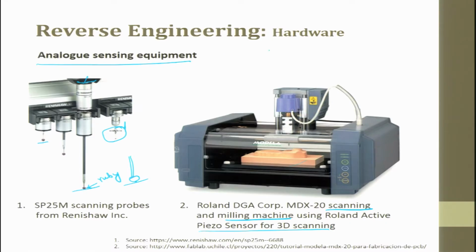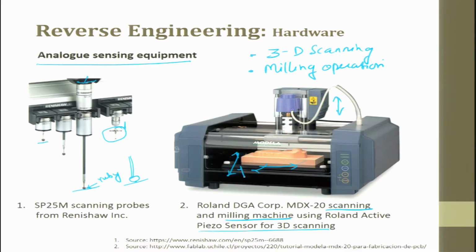So, you can use a 3D scanning device, and the moment you scan something, the same workpiece can also be put under another spindle, and you can do a milling operation. So, either you can move the scanning up and down, or you can move the milling up and down, this bed up and down. In this case, only this is moved, and you have the X data here and the Y data here.